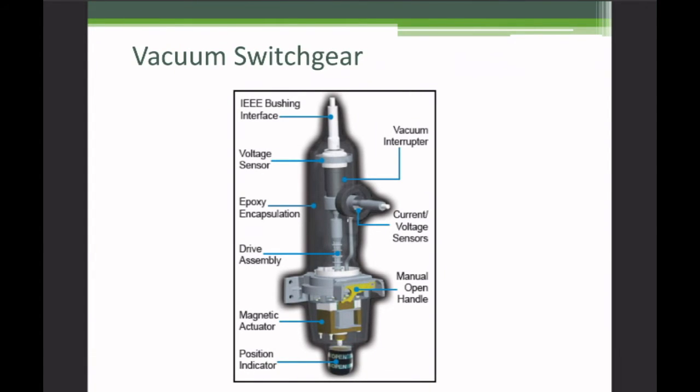So the last style of switchgear I wanted to talk to you guys about is our vacuum operated switchgear. Now, vacuum operated switchgear was invented in the 1970s, but it really took until the 2000s before the designs became economical for most applications.